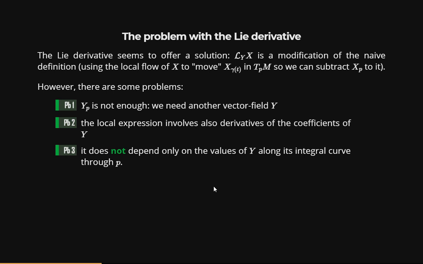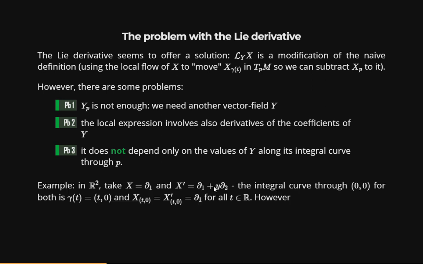And that's the definition. However, if you have two vector fields, Y and Y prime, which have the same integral curve and coincide on it, this does not guarantee that the Lie derivative of the same field is the same. Example.